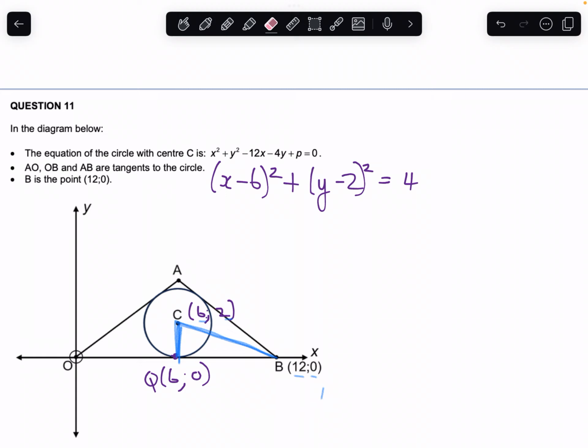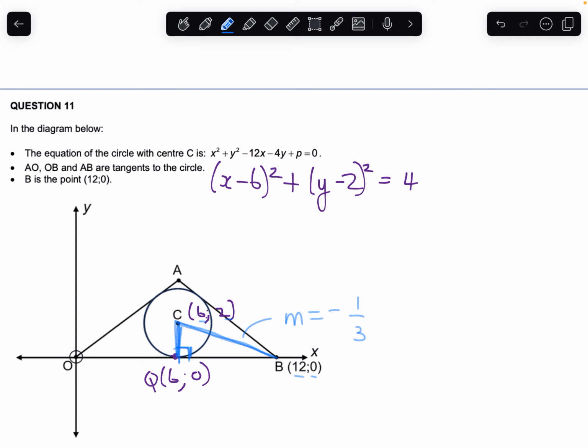Okay, I'm just going to rewrite this up here. So they said the gradient here is negative a third. We know that this is perpendicular, so I'm guessing we are using SOH CAH TOA.